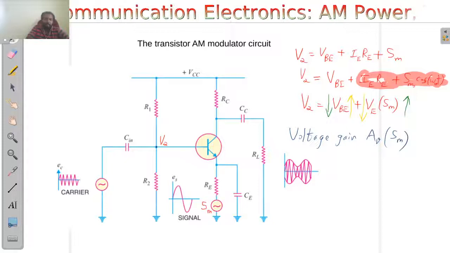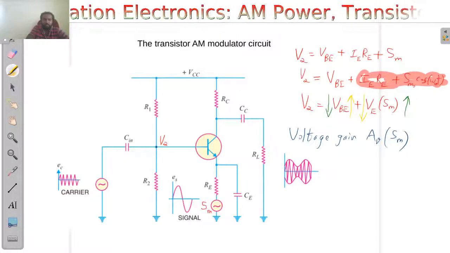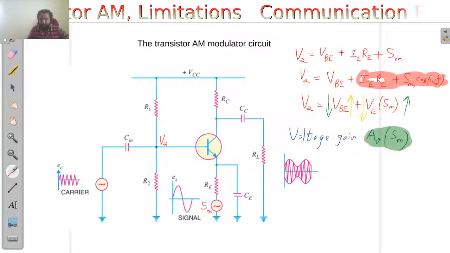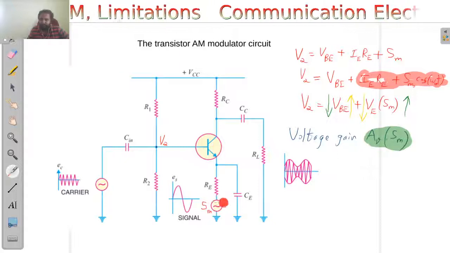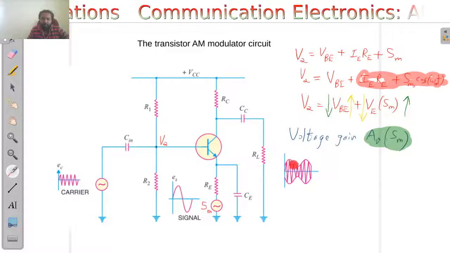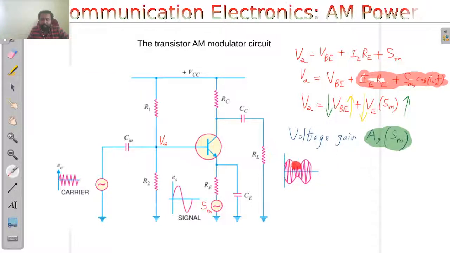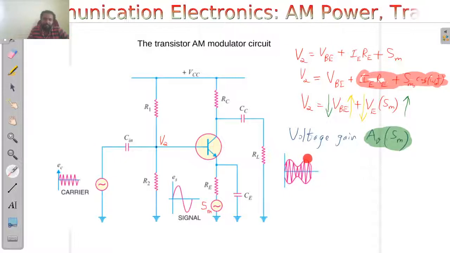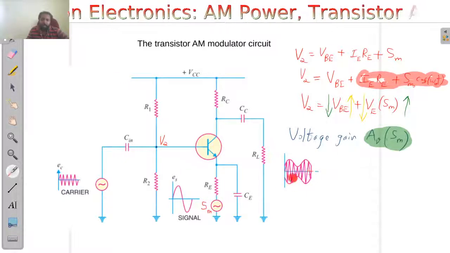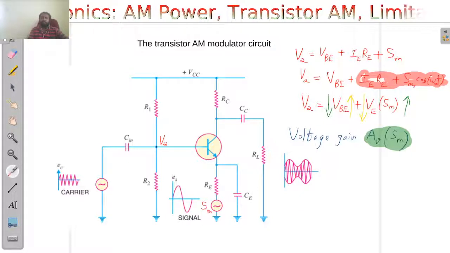This is the advantage of this circuit: the gain is a function of our message signal. That is how you get an output which has the carrier itself, but its peak amplitudes are changing at each instant. The instantaneous peak amplitude is being changed, so it looks like our amplitude modulated signal. So this is how the transistor AM modulator is working.